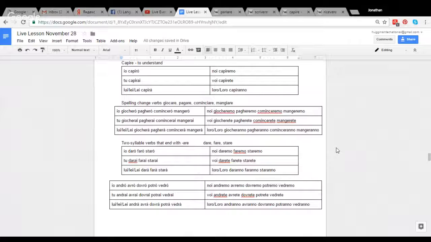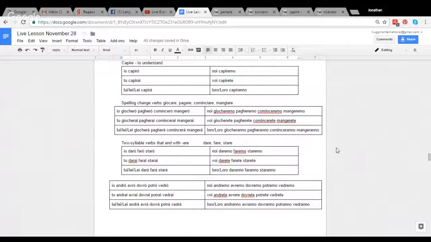For this probability, you can also use this, for example, like non vedo Zara da molto tempo, like I haven't seen Zara for a long time. Where could she be? Dove sarà?